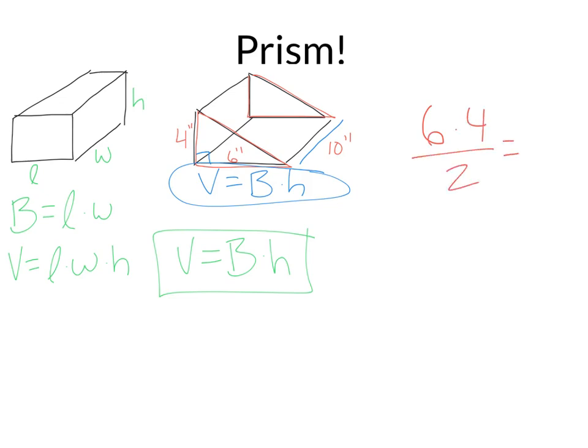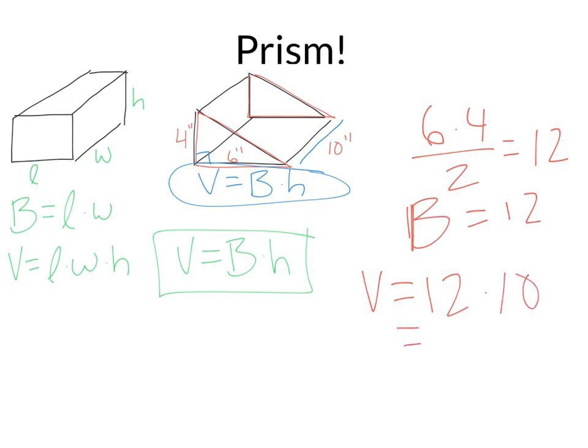That's 24 divided by 2, which is 12. So big B, the area of my base, is equal to 12. So my volume is going to equal 12 times 10, which equals 120 inches cubed, because I'm talking about volume, right?